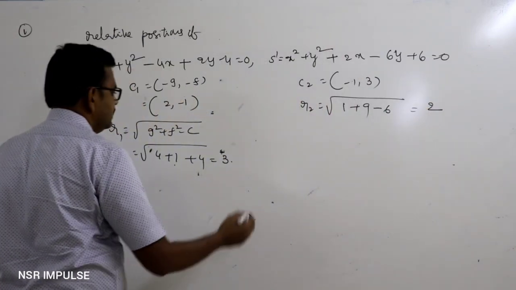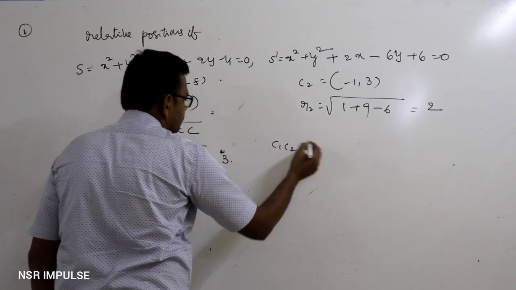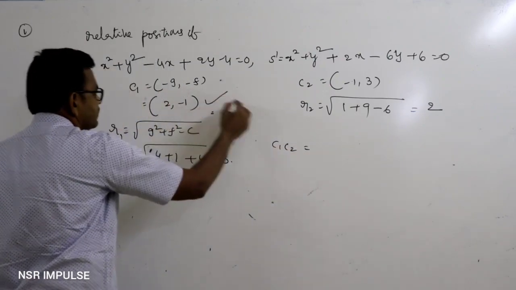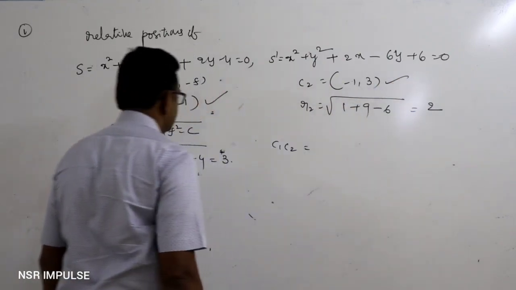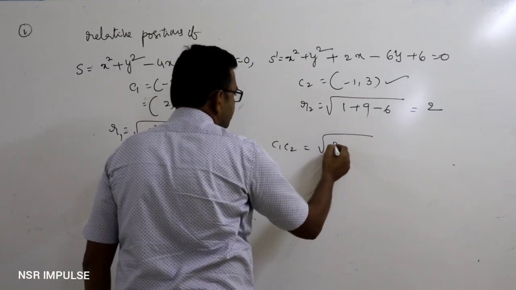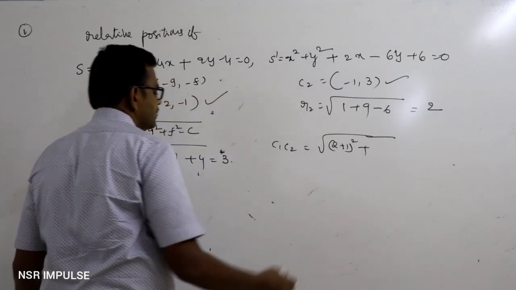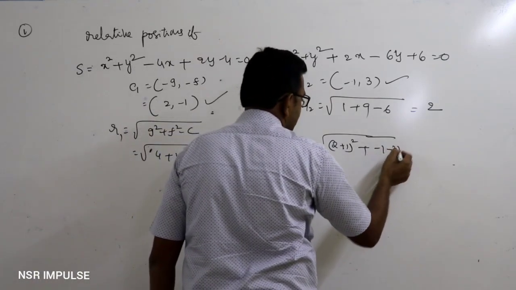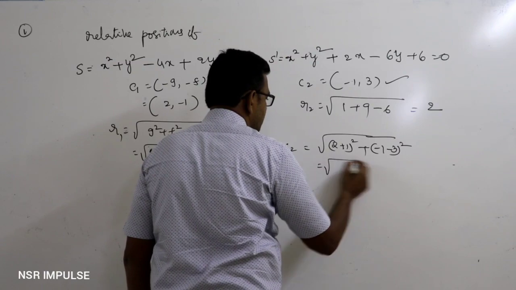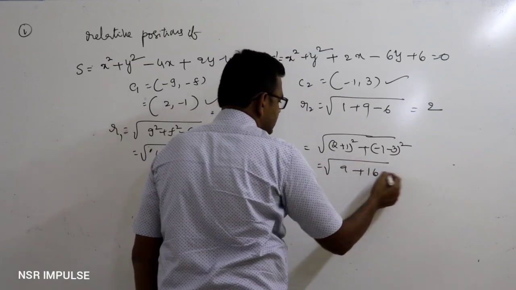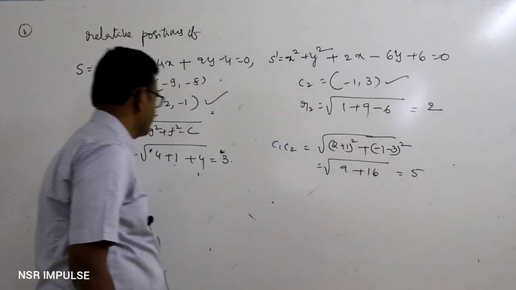Find C1C2. C1C2 is equal to the distance between their centers, that is root of (2 plus 1) whole square plus (minus 1 minus 3) whole square, that is root of 9 plus 16, that is 5.